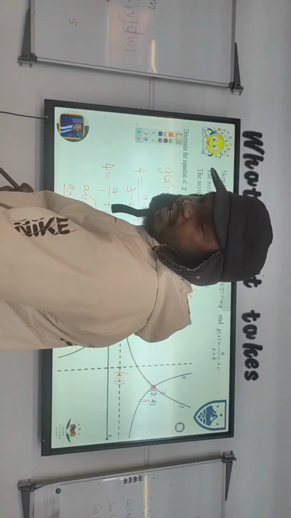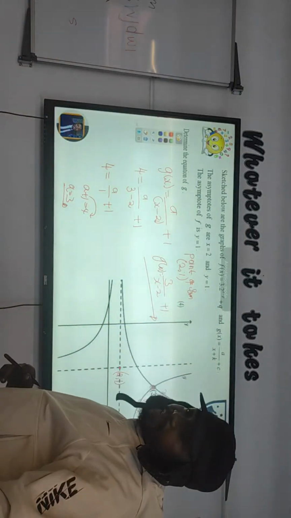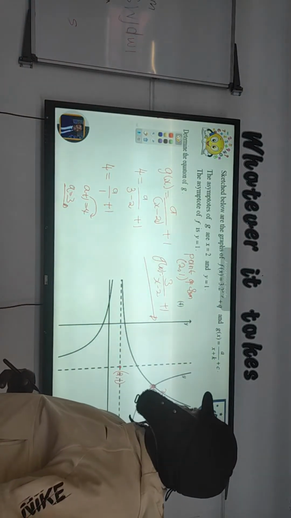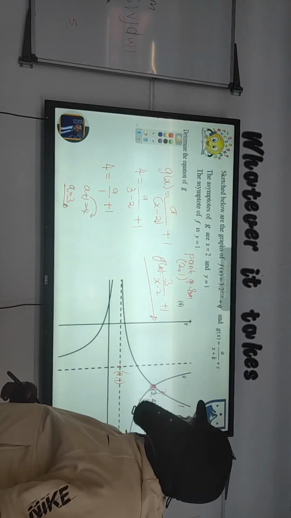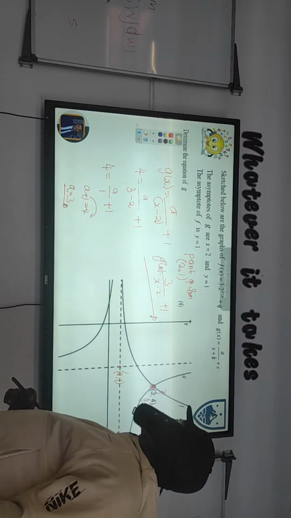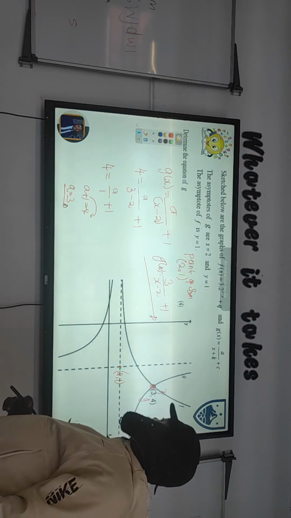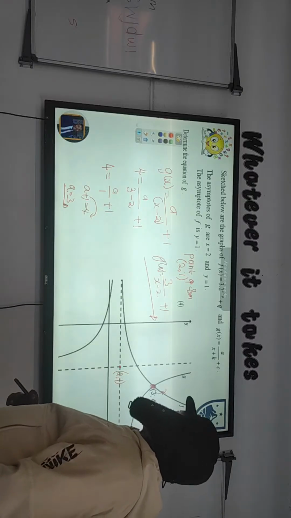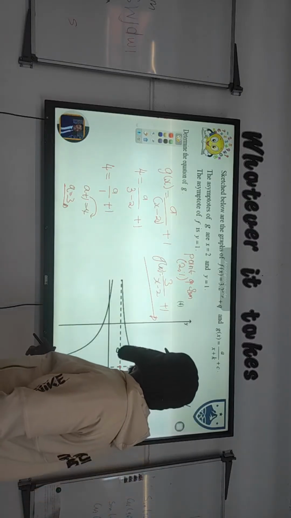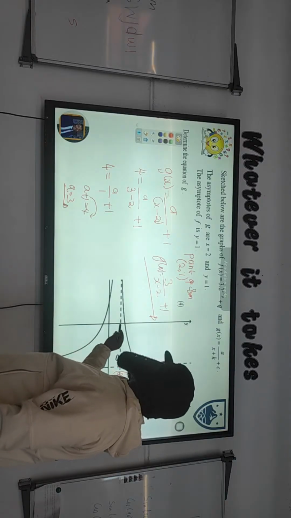Let's see, for interest's sake, if they say, let us go and find the values of P and Q. If we're to be asked to find the value of P and Q, I think one of the most important points that we can have is if the asymptote is actually 1.